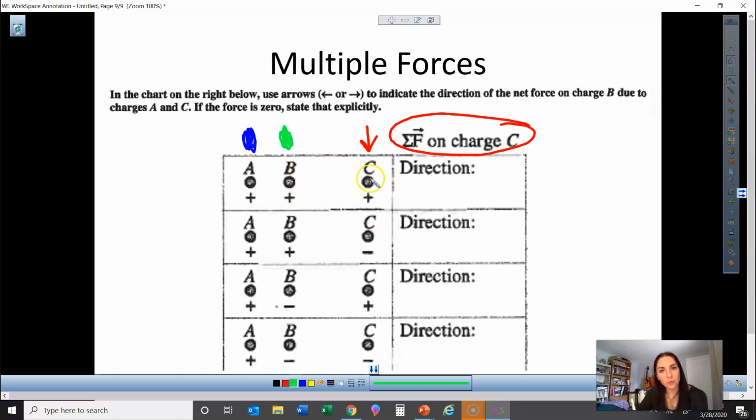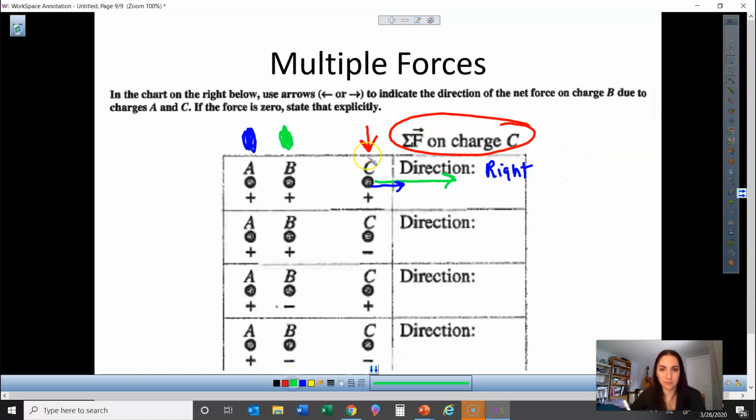B is going to repel C. So B is going to push this away at some force. So it's going to push toward the right. A is also going to repel, but since it's further away, it's going to be a little smaller, right? But if I combine these 2 forces, they both point to the right. If C were able to move, it will go right.